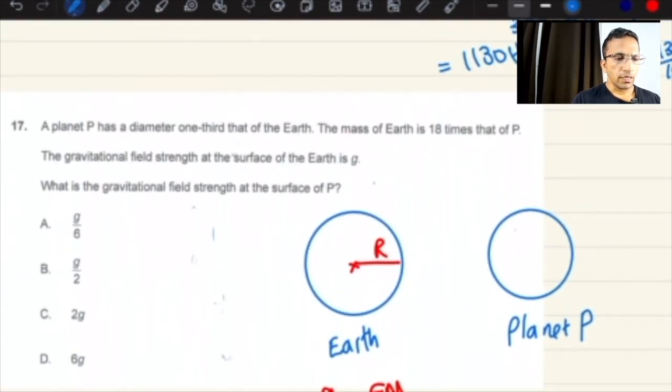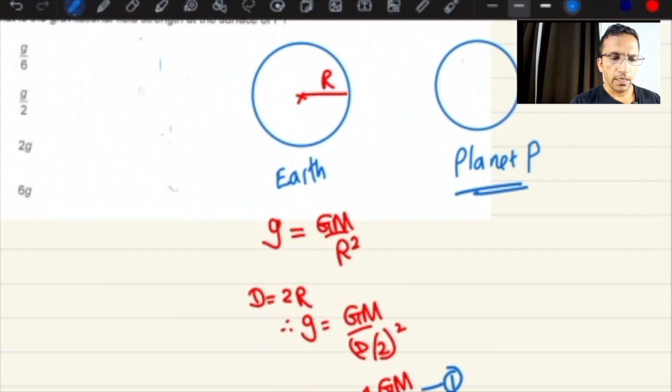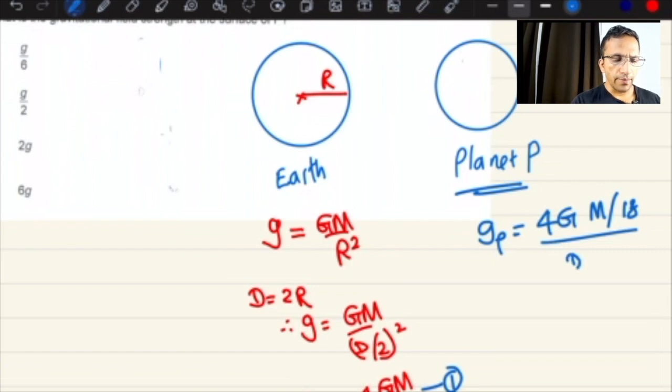Now if you read carefully, you will see the mass of the planet is 18 times the mass of Earth, and the diameter of the planet is 1/3 of the Earth. Now for the planet, we will write the equation again. g_P equals 4G, mass is 18m, and the diameter is D over 3, squared.